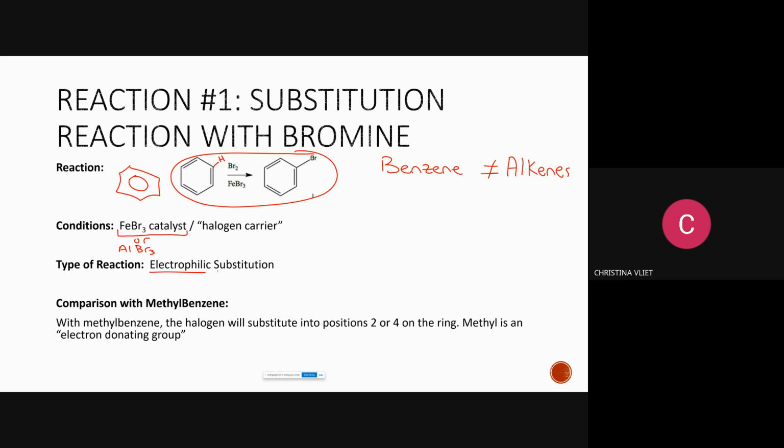That will make more sense once we learn the mechanism. And then this part about methylbenzene, we'll look at this later once we look at inductive effects a little bit more. So for now, you just need to remember, if you see this, what would you make?